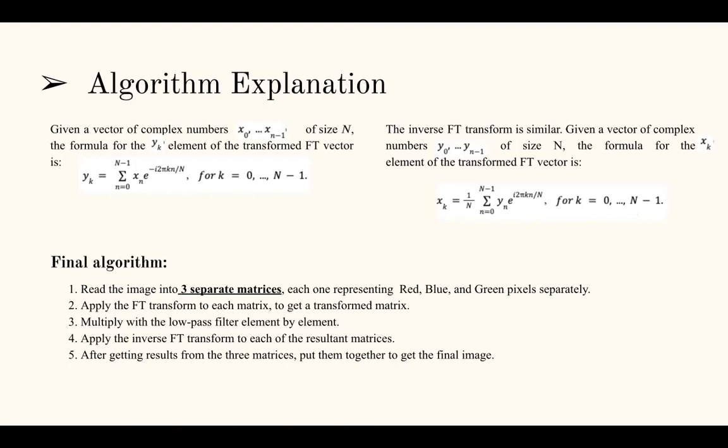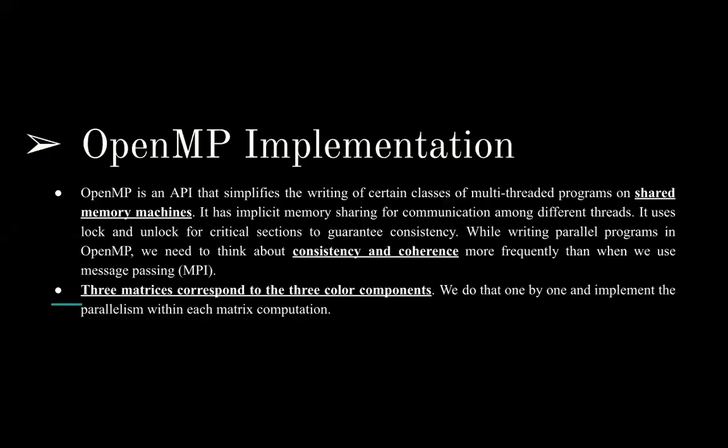Then we multiply with the low pass filter element by element. Then we use the inverse Fourier transform on each of the resultant matrices. After getting the results from the three matrices, we put them together, and then we get our final image.